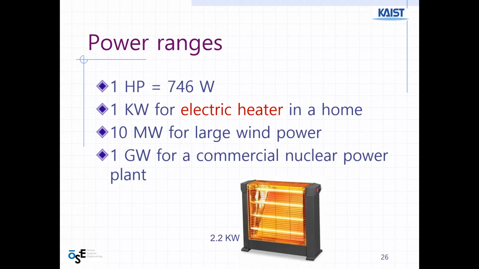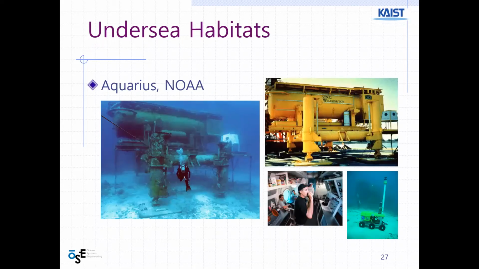So you can imagine 1,000 pieces of 10 megawatt wind power is needed to replace one nuclear power plant. 10 multiplied by 1,000, no, sorry, 100 of 10, right? So we need 100 of 10 megawatt wind power systems at one site to correspond to one nuclear power plant. Yes. Okay. Question?